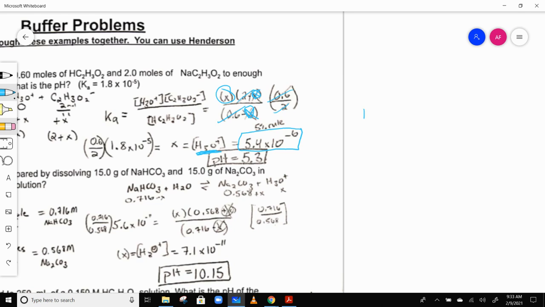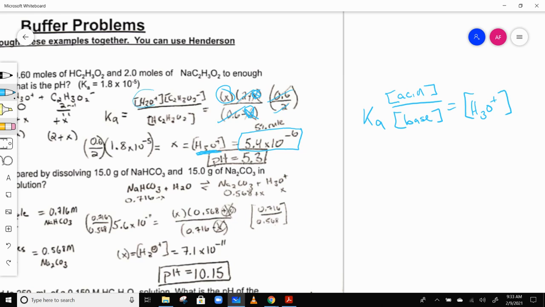and we multiply it by the concentration of the acid over the concentration of the base, we should get the H3O+ concentration. And that's exactly what we did here. Okay, if you look at it here, I have Ka equals the base over the acid.